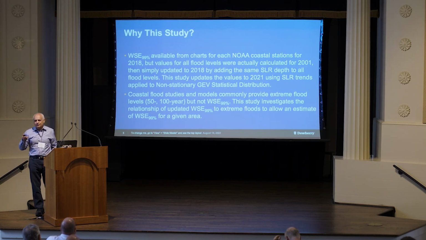So at a couple of stations, I verified that I get the same values for 2001 as NOAA did, and then I applied it to all other stations to update them to 2021.